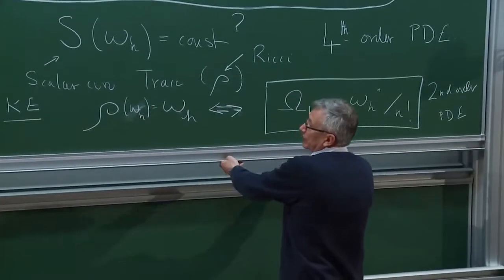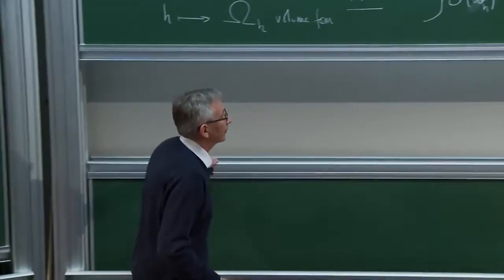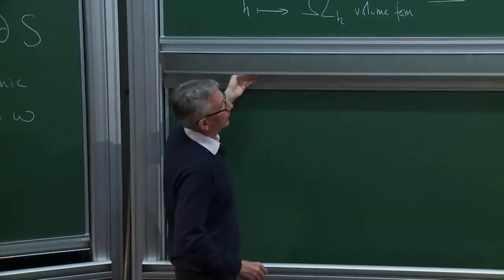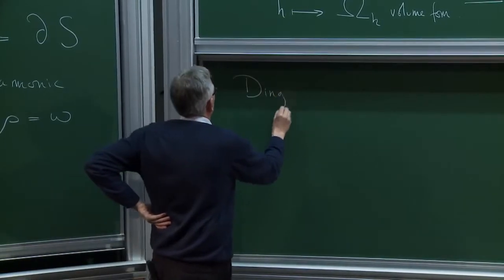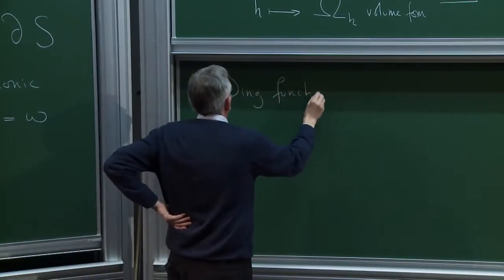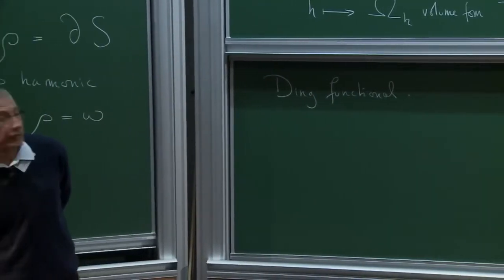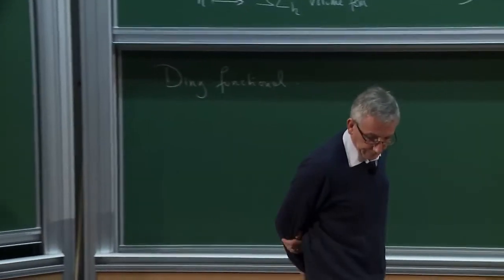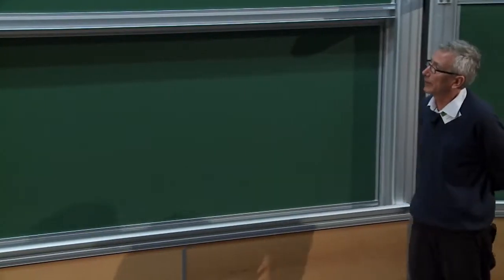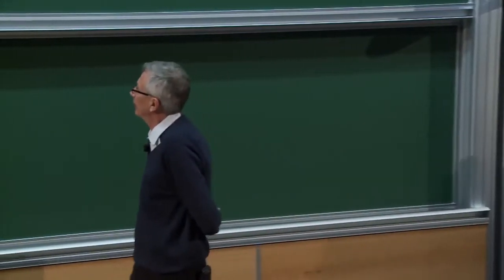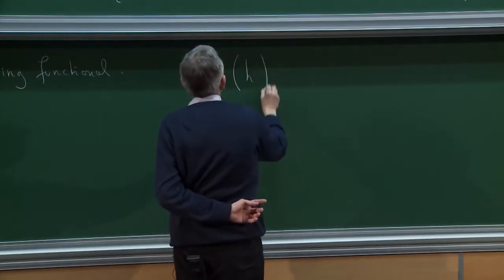So in this special Fano situation, there's a functional which is important in the theory, which was called the Ding functional. Well, we'll introduce a slight variant as a normalized functional later, but the important part of it is just that we take, let's say, D naught of our metric h.